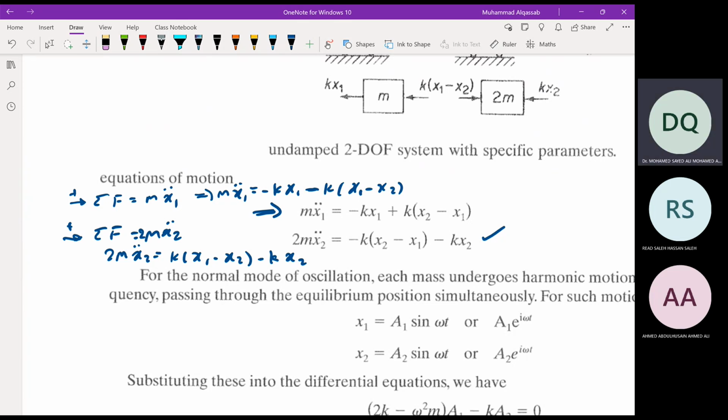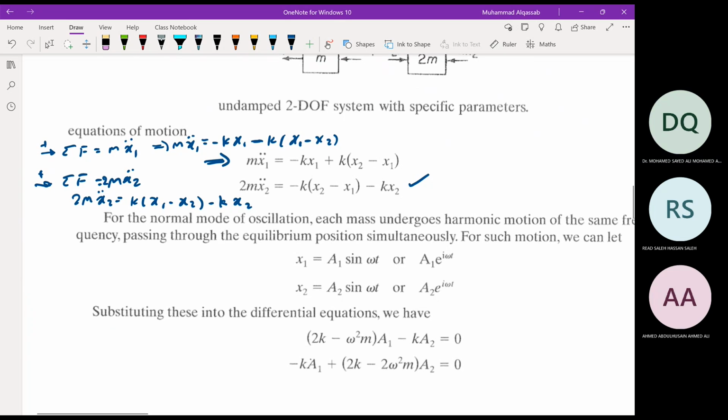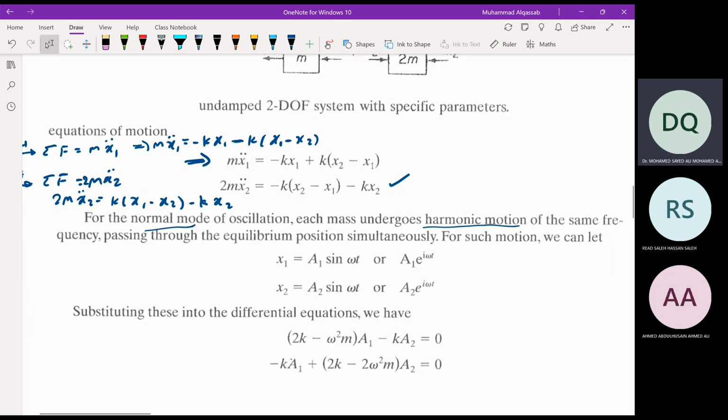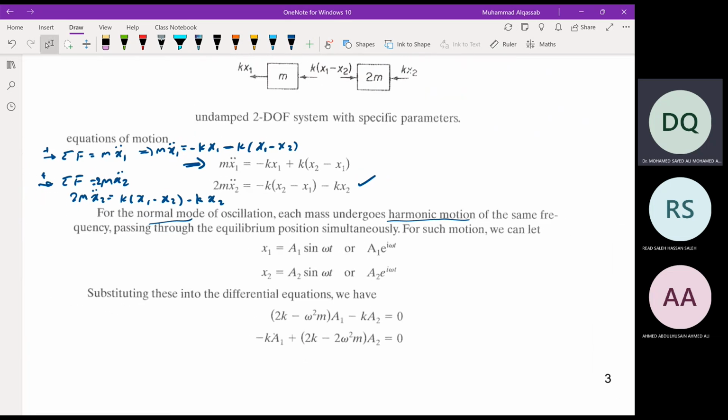Okay, those are ordinary differential equations, but with two variables. For the normal mode analysis, each mass undergoes harmonic motion. That's the assumption for normal mode analysis, that each mass will vibrate with a harmonic motion of the same frequency, passing through the equilibrium position simultaneously. So what is the assumption here?